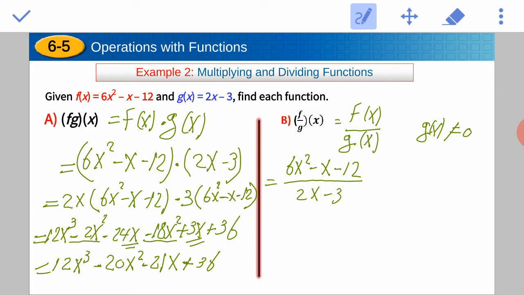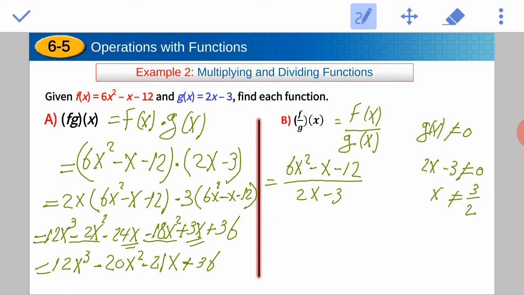The domain of that function is all real numbers except what makes 2x minus 3 equal 0. So 2x minus 3 cannot equal 0 actually. So x cannot equal 3 over 2. So all real numbers are the domain of this quotient except x equal 3 over 2.